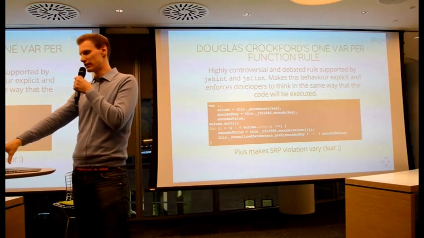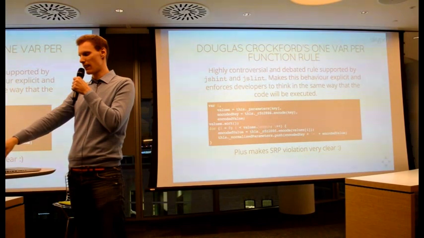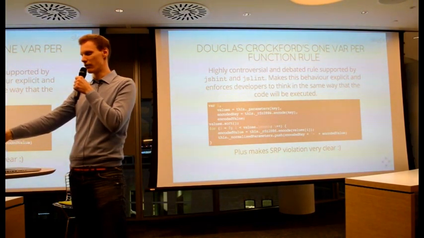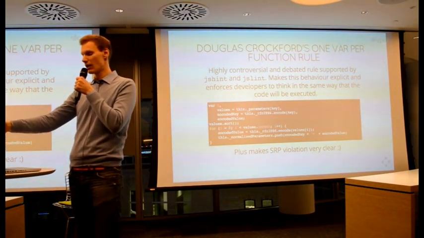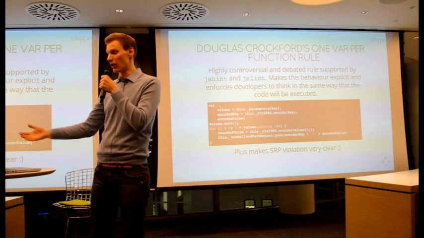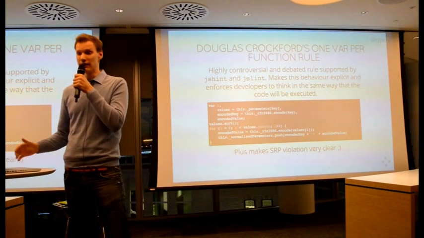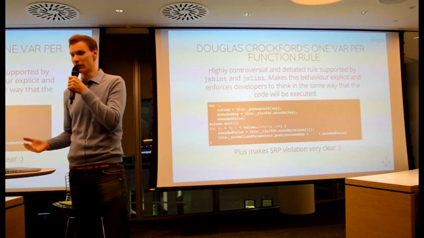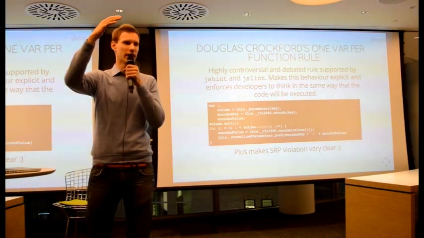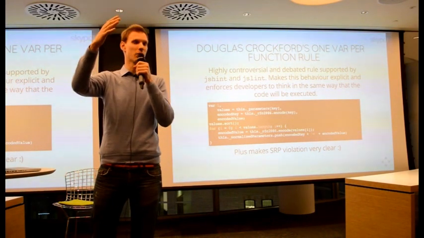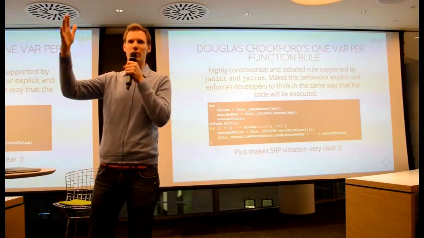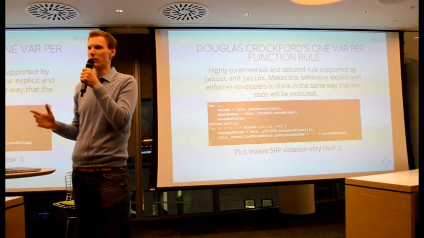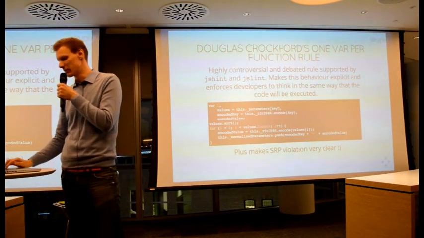In this example, we can see that we have 1 var and a bunch of values defined. And this is exactly how the browser will behave. And as an added bonus, the single responsibility violation will be very clear, because you will end up having at the top of your function a big number of variables defined, and you will decide, perhaps I should split it into different methods.